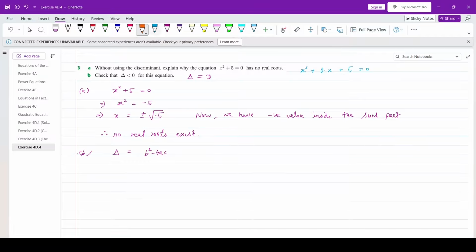So we can say a is equal to 1, b is equal to 0 and c is equal to 5. Plugging these values in, we get b square, that is 0 square, minus 4 times 1 times 5. That becomes 0 minus 20, or negative 20 is the answer. So we can say that delta is less than 0.